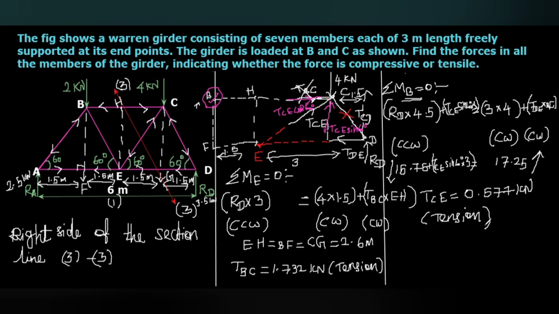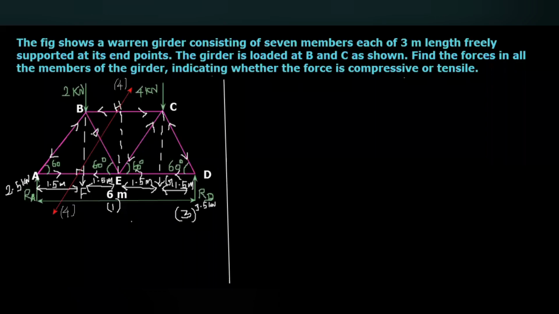Okay. So up to this, we calculated 6, that means forces in 6 members. Now we are going to calculate the unknown force in the member BE. The only unknown force, tension in the member BE, that we are going to calculate. For that, now we are considering a section line 4-4.